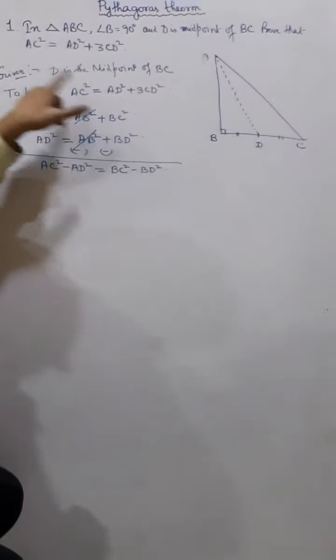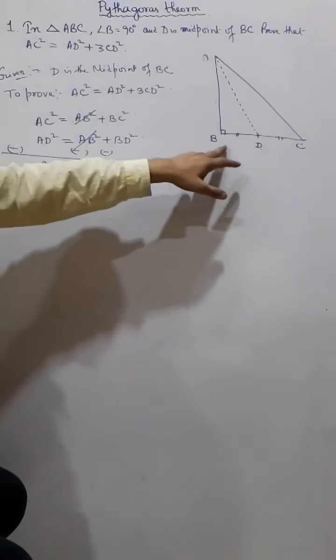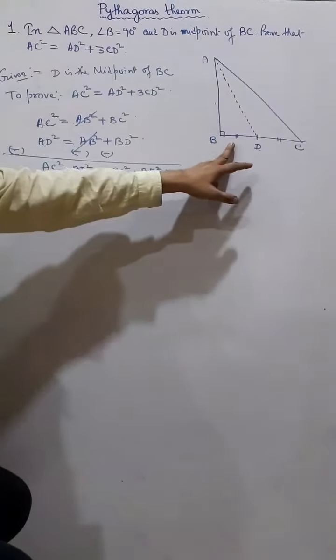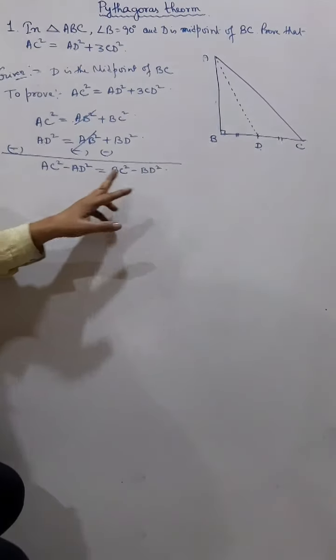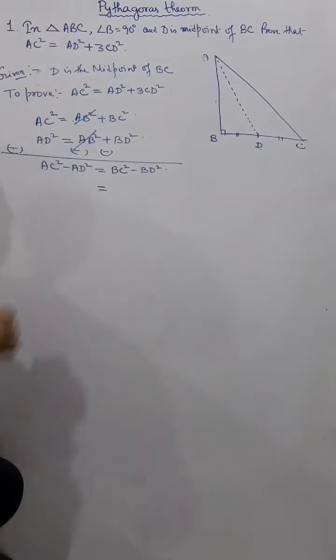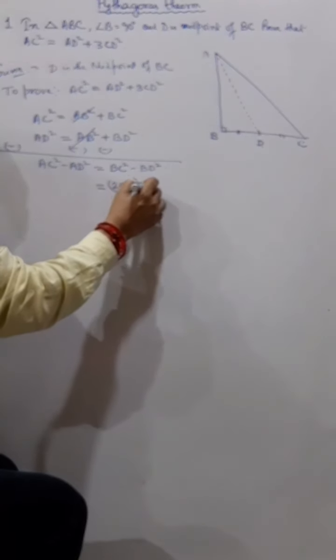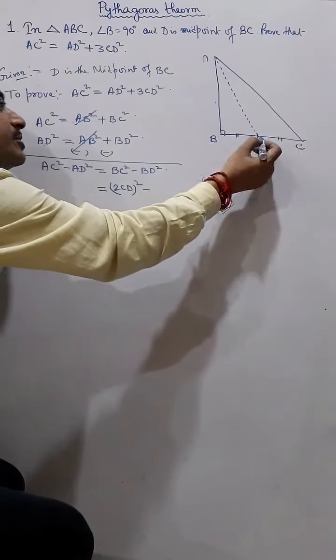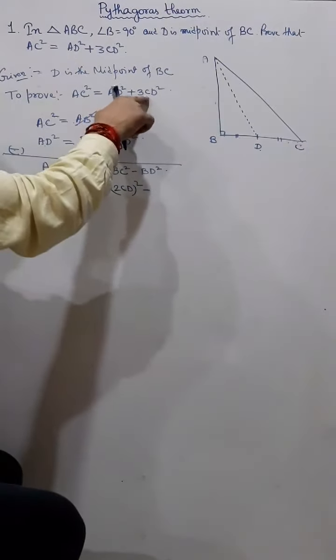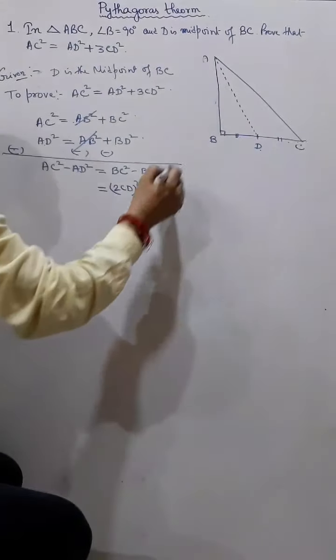Now we will use the concept that D is the midpoint. I told you that I can replace BD with CD or CD with BD, or say BD is half of BC. So in place of BC square I can write 2CD whole square. And in place of BD I can put CD, because BD equals CD and I require only CD.